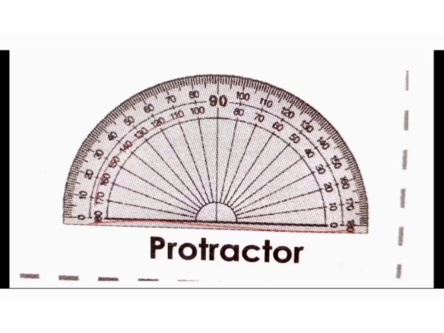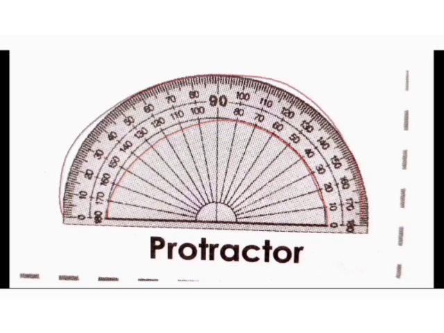The curved edge of a protractor has two scales, inner scale and outer scale. The inner scale is marked from 0 degree to 180 degree from right to left, whereas the outer scale is marked from 0 degree to 180 degree from left to right.